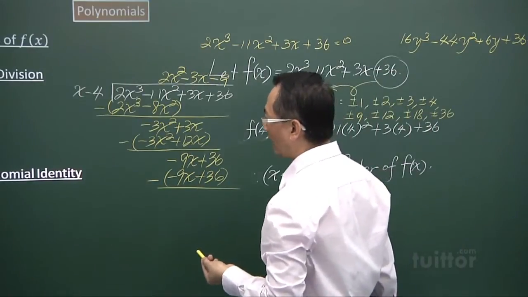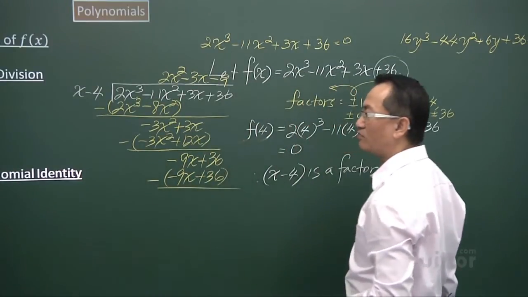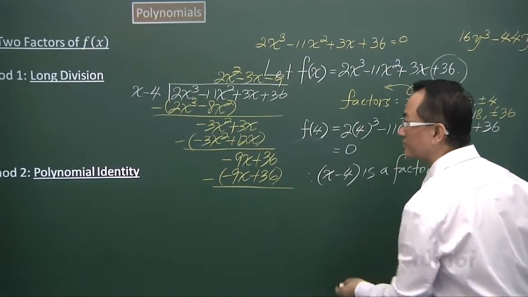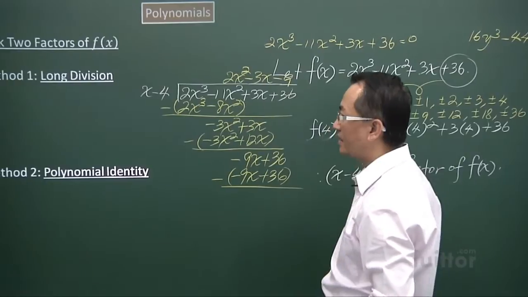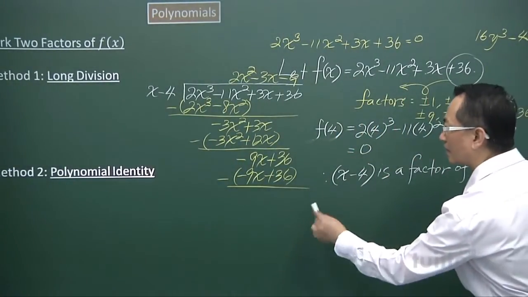This is one way; the other way is by polynomial identities. What it means is, I'll continue here.